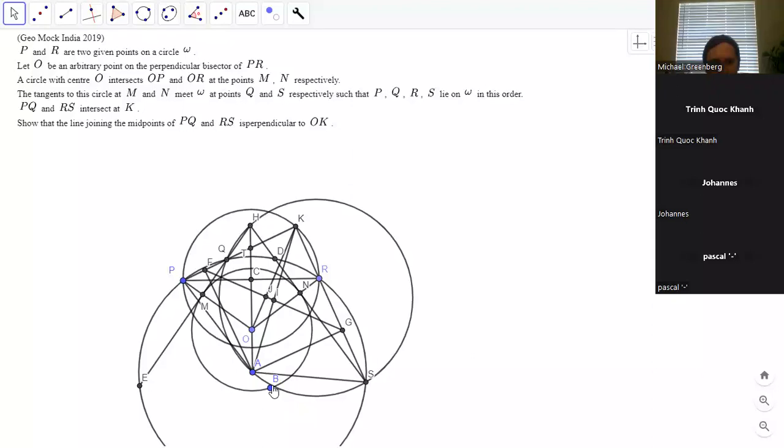So KAS and KOP. So yeah, I like the idea of trying to show those are similar.